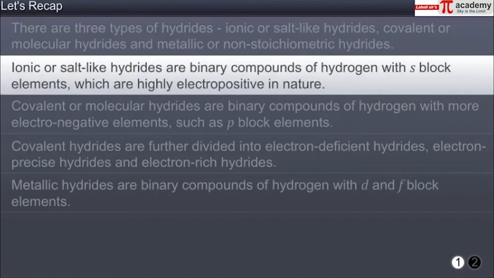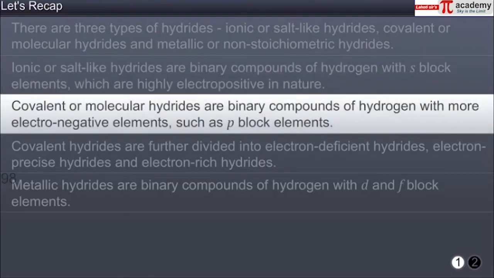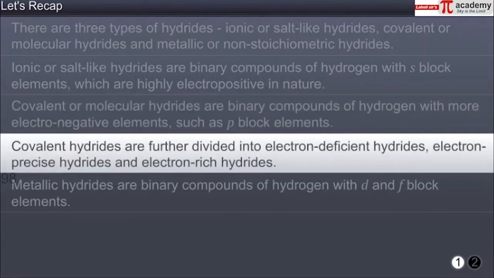Ionic or salt-like hydrides are binary compounds of hydrogen with s-block elements, which are highly electropositive in nature. Covalent or molecular hydrides are binary compounds of hydrogen with more electronegative elements, such as p-block elements. Covalent hydrides are further divided into electron-deficient hydrides, electron-precise hydrides, and electron-rich hydrides.